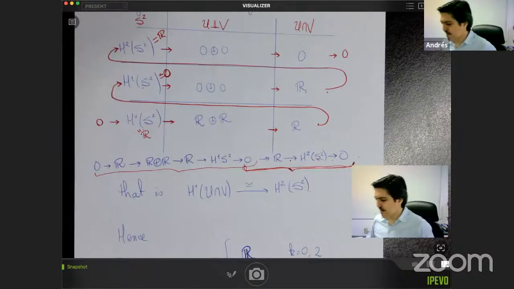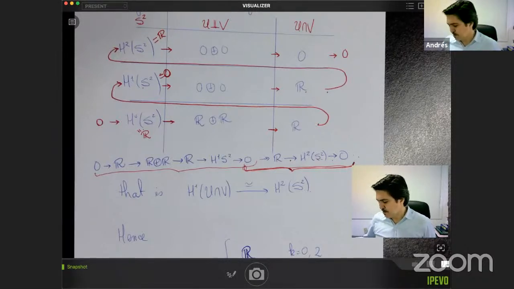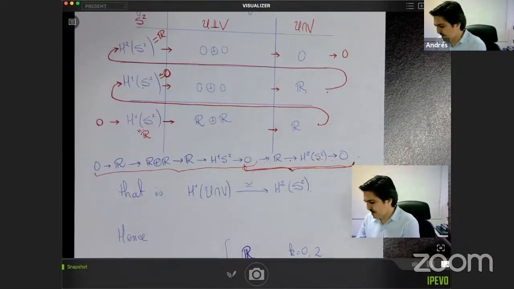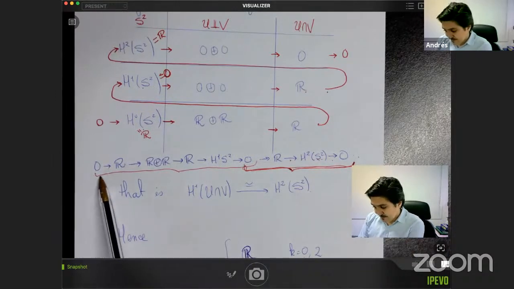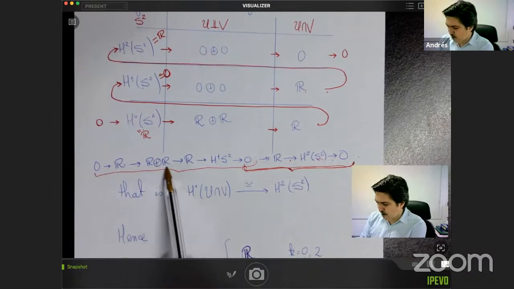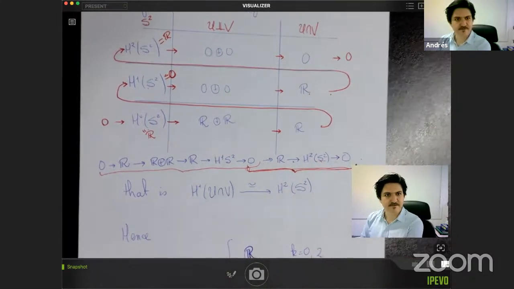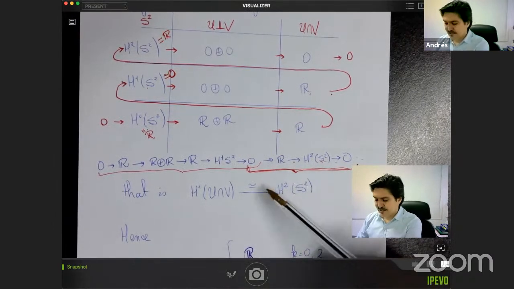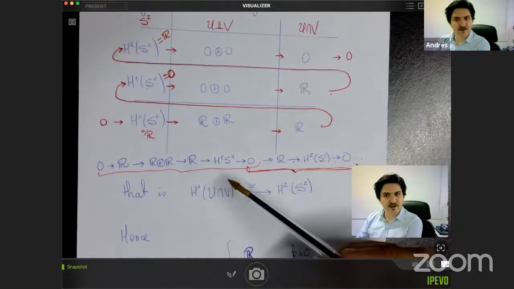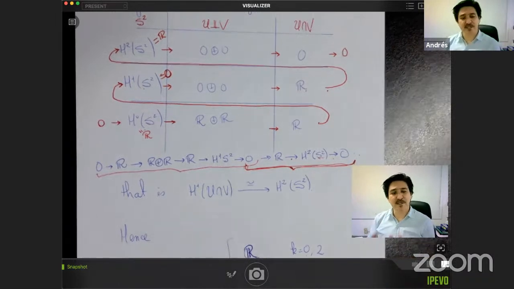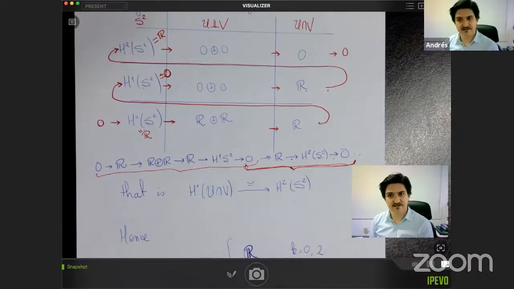Okay, now, I want to say something about all of this. So here is the whole non-exact sequence. If there is a 0 somewhere, the exact sequence splits. Okay?